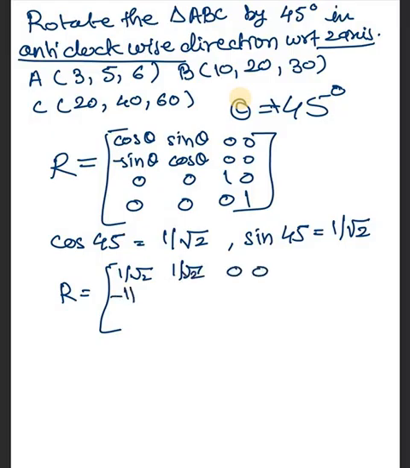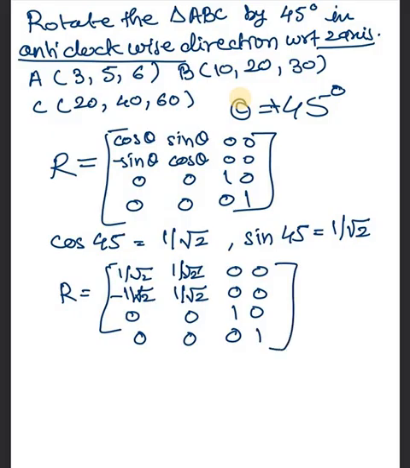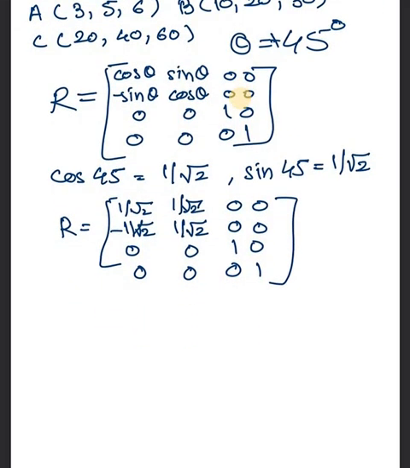You're going to multiply this R to your original coordinates of A, B and C. Now nowhere is it written that it is a three-dimensional sum. How do we understand it is a three-dimensional sum? You can see A is 3, 5, 6. So means what?